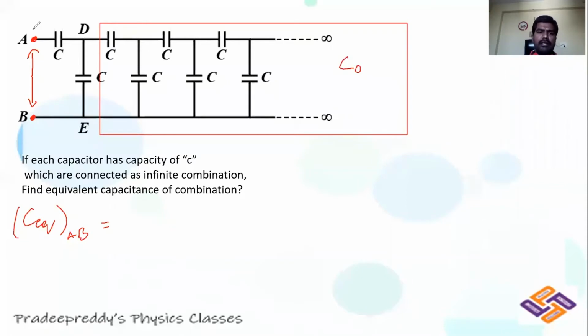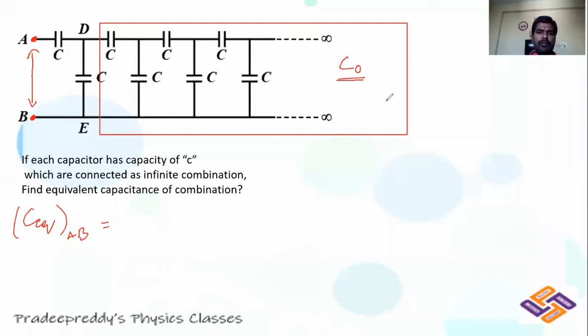Because there are infinite number of capacitors here, and you do not exactly expect which are connected in series and which are connected in parallel, I am assuming that the effective capacitance of all these infinite capacitors is C naught. Only the part which I have marked with red ink, the effective capacitance of all that, I am considering as C naught.